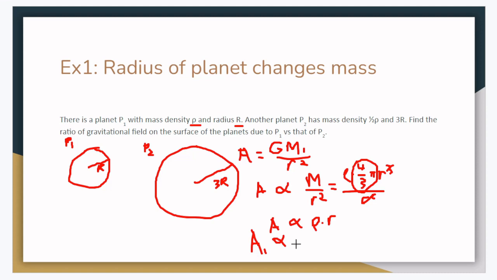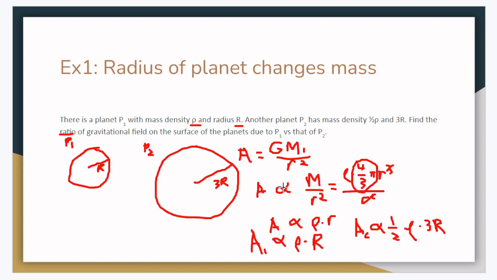If we do the same thing for P2, we get that A2 is proportional to 1/2 rho times 3r. The reason we can use these proportionalities to find this ratio is that we're finding the same value for both of them.